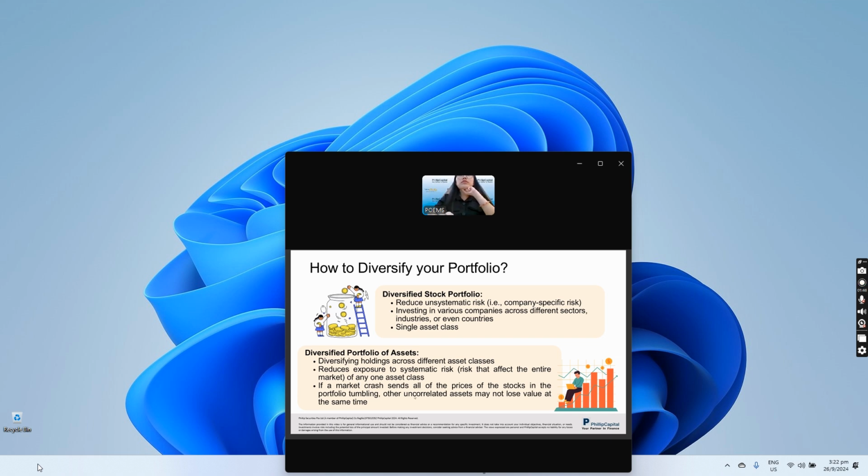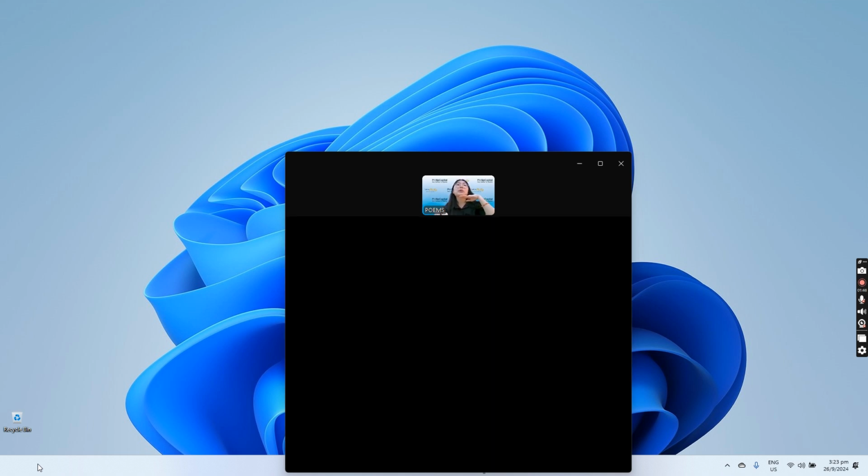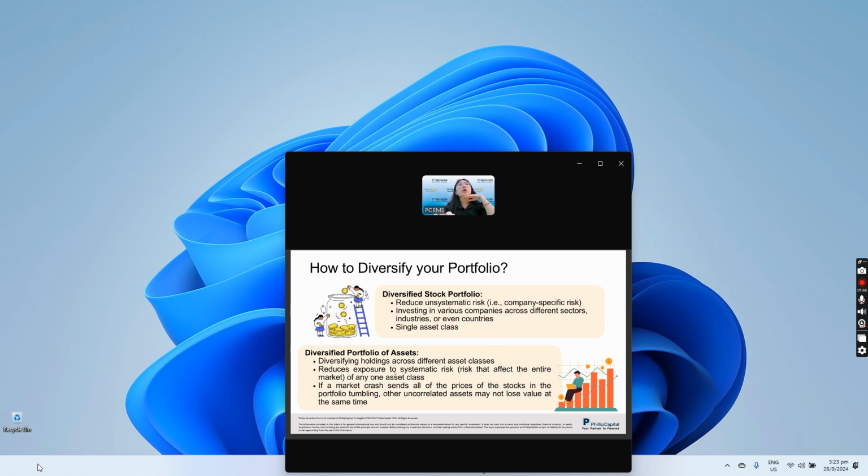If the market crashes and sends all of the stock prices in the portfolio tumbling, other uncorrelated assets might not lose value at the same time. So in short, if you are now in a diversified stock portfolio, you can try to go into a diversified portfolio of assets. You can try it via unit trust first, as your first step.